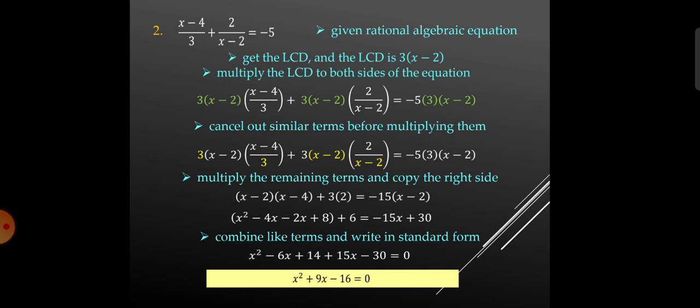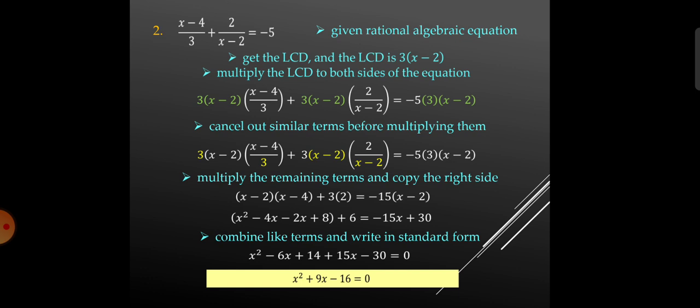That will become x squared, negative 6x o positive 15x. 15x minus 6x is 9x. Then, for positive 14 minus 30, duha ka constant. Ganina gi-add ang duha ka second term, ang negative 6x o positive 15x, mahimo siya 9x, positive. Then, ang duha ka constant, positive 14 o minus 30, that is negative 16. Equal to 0.